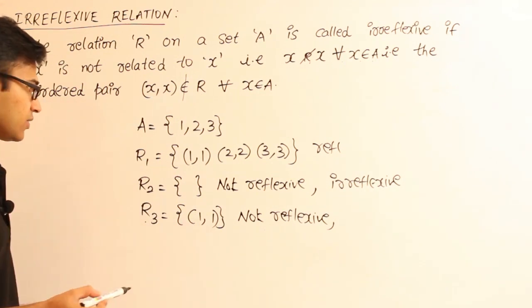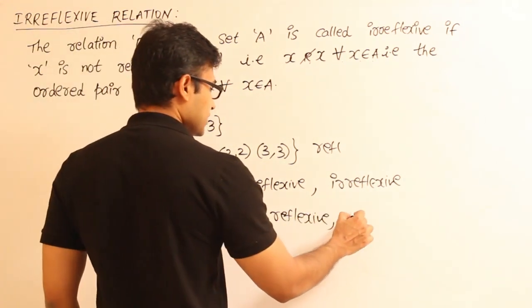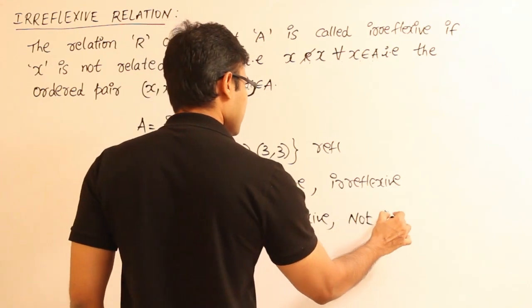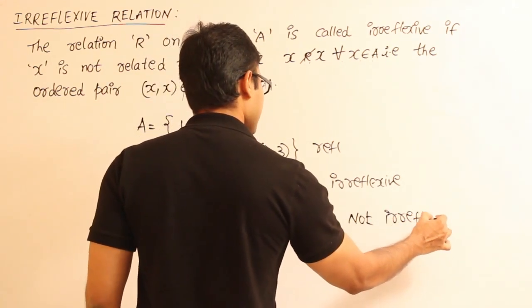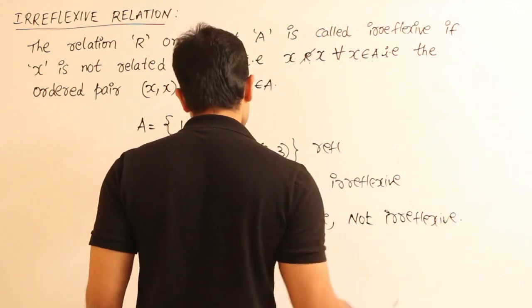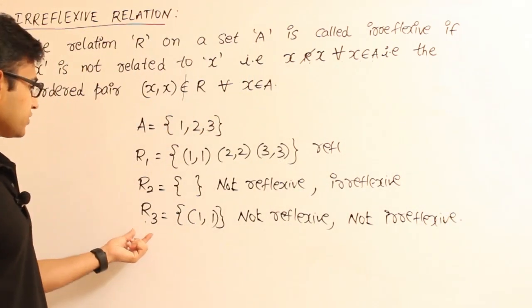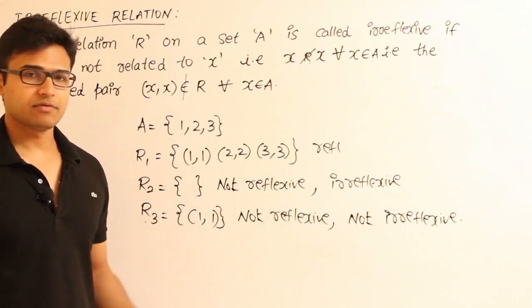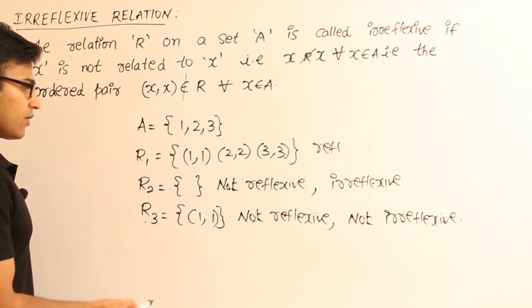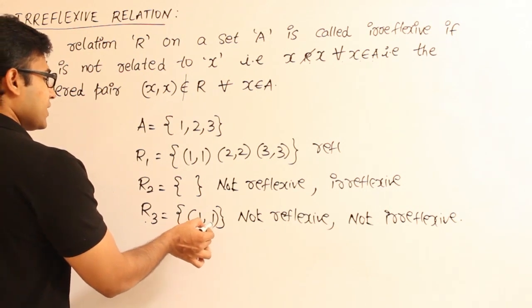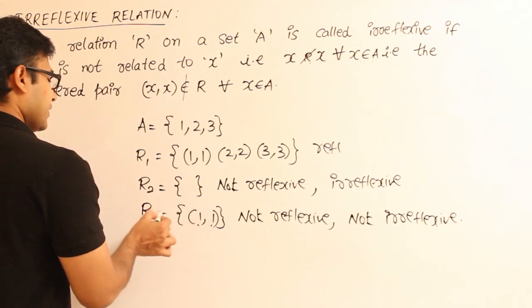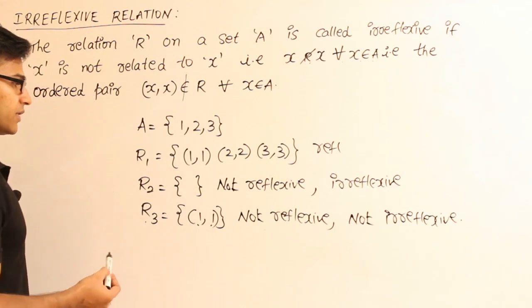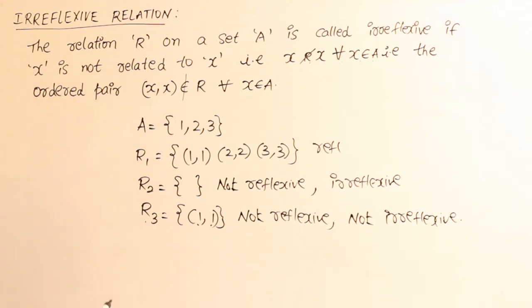And one interesting thing is it is not irreflexive either, which means there can be relations that are neither reflexive nor irreflexive. Why? Even if at least one diagonal element is present, that relation cannot be irreflexive. Got it? So you have to understand the difference.